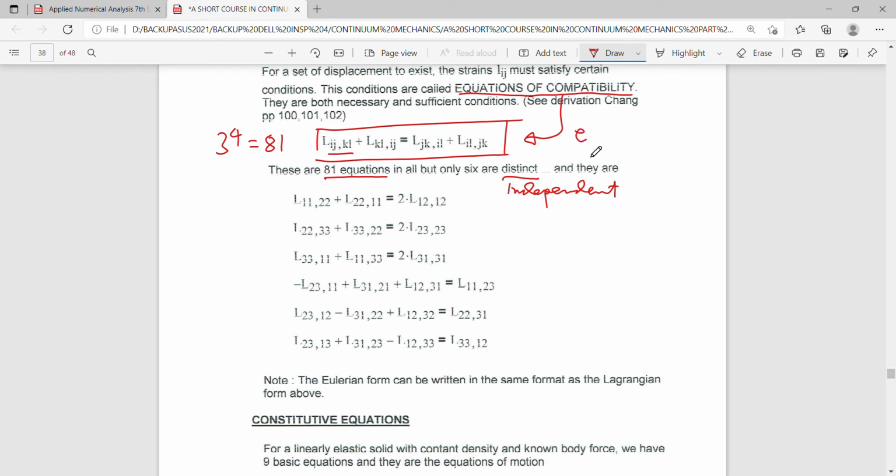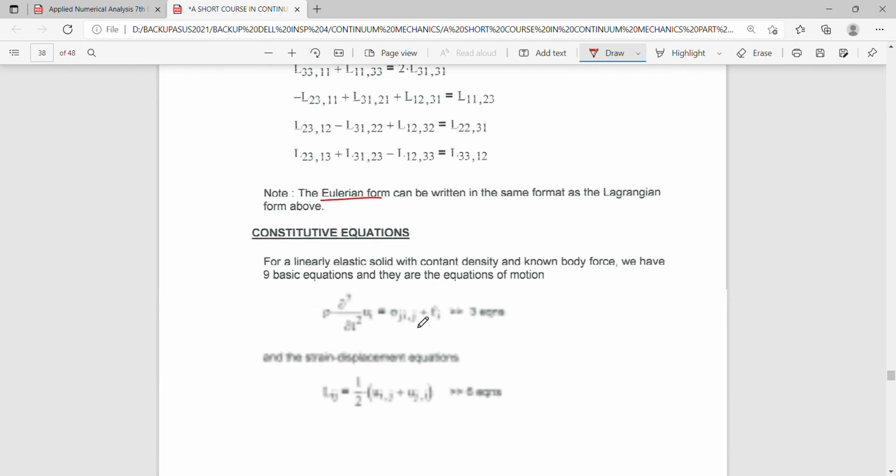So this is simply Eij,KL plus Ekl,ij equals Ejk,il plus Eil,jk, something like this. Now, if you are doing an Eulerian form, you might as well use the letter E there.